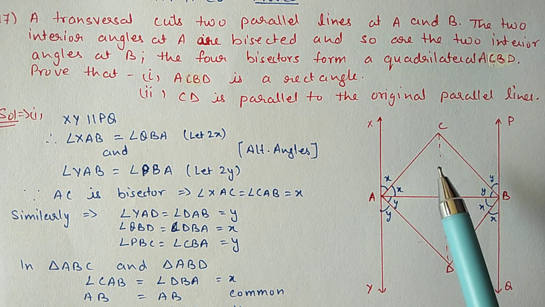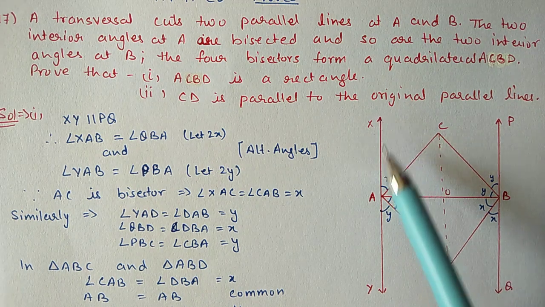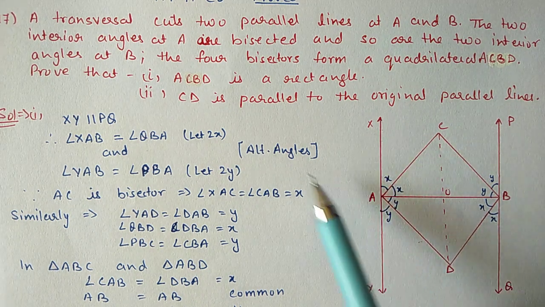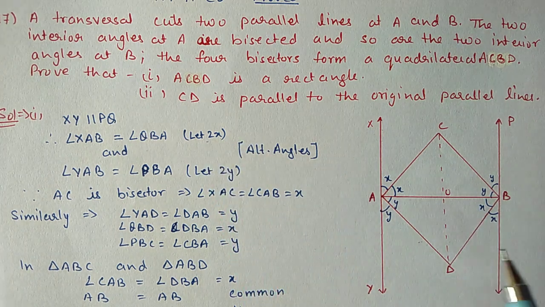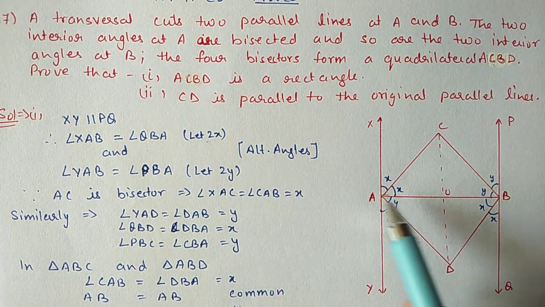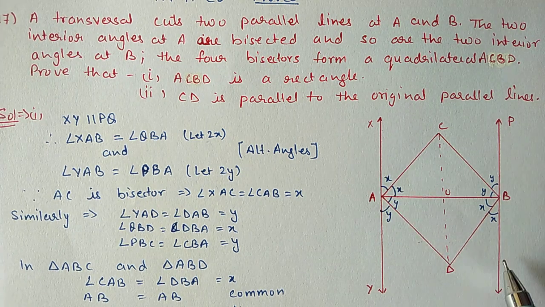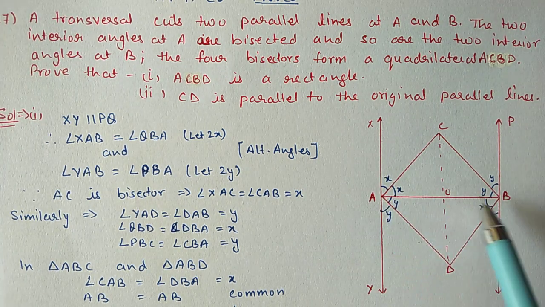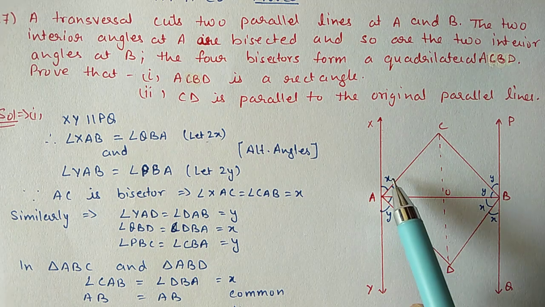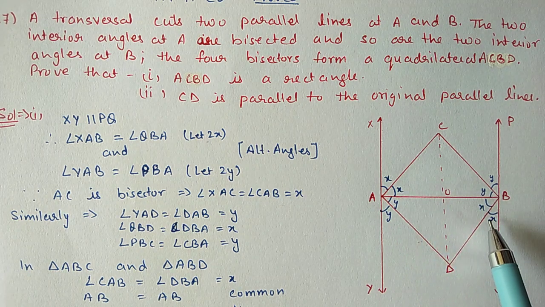So first of all, we will take this angle XAB equal to 2x, and this angle QBA is also equal to 2x, because these two lines are parallel and this is a transversal, so these two will be alternate angles and will be equal.